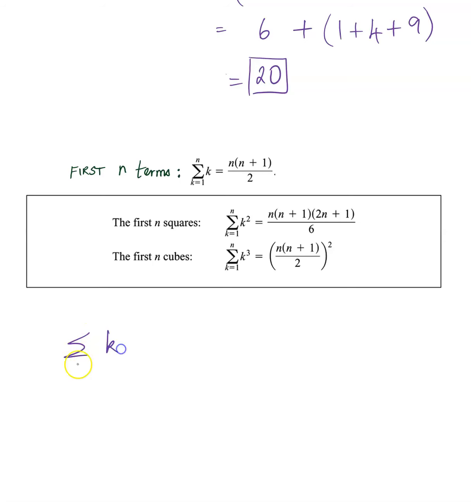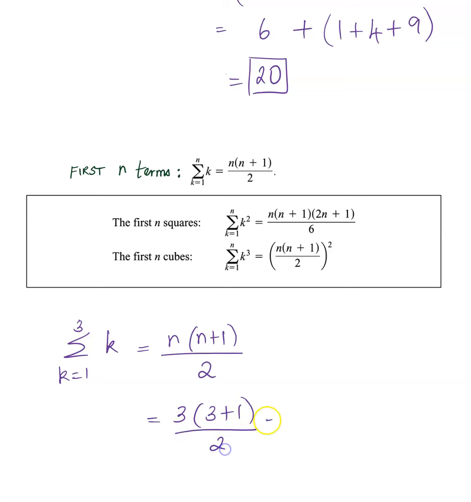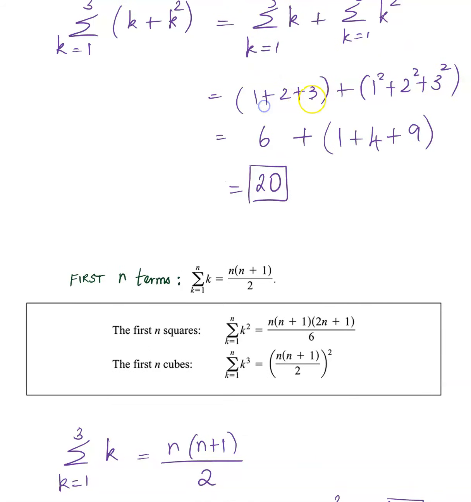However, I can illustrate that. Summation k 1 to 3, right? That's what we had. If I were to use this formula, it would be n times n plus 1 over 2. n is 3, so 3 times 3 plus 1 over 2, which is 3 times 4 over 2, 6. And that's what we did. Because there were just 3 terms, we were able to add it.